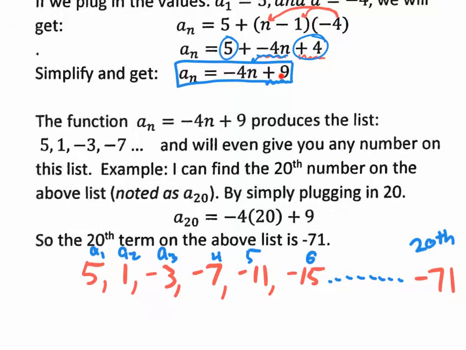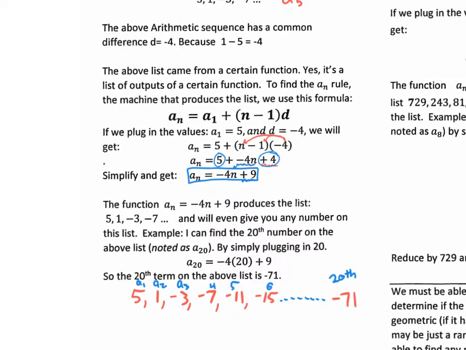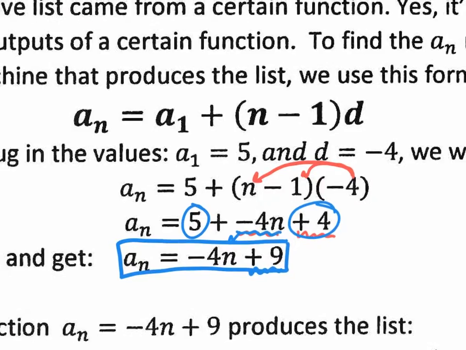Negative 400 plus 9 is negative 391. So the 100th number on this long list will be negative 391. What about 1 million? Okay, so this is a review, but do you see how amazing it is to know this rule, a sub nth rule?